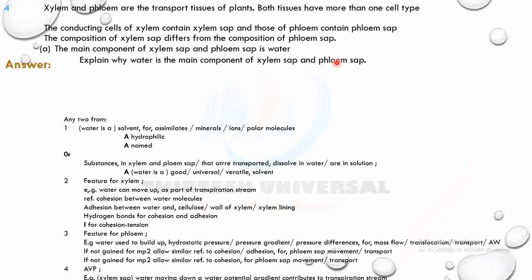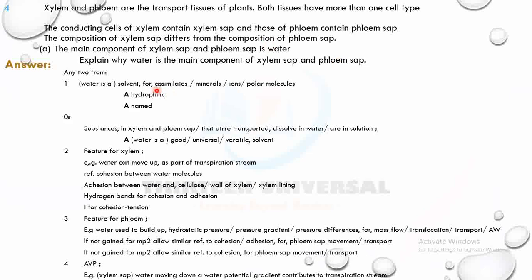So look at it here. Can you see? Water is a solvent for assimilates. So it's a solvent, that's number one. Polar molecules. Substances in xylem and phloem are transported dissolved in water. So they transport minerals, whether in xylem or in phloem sap.